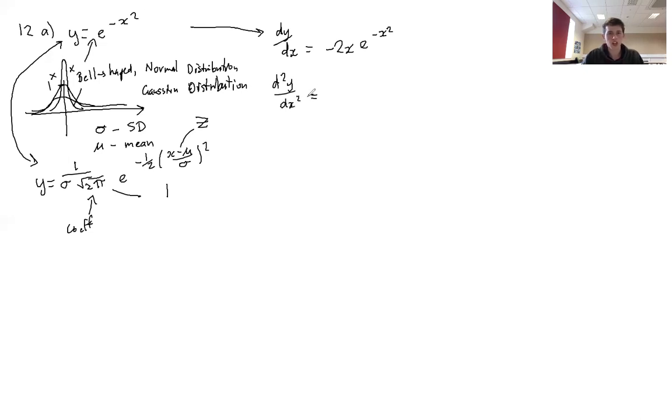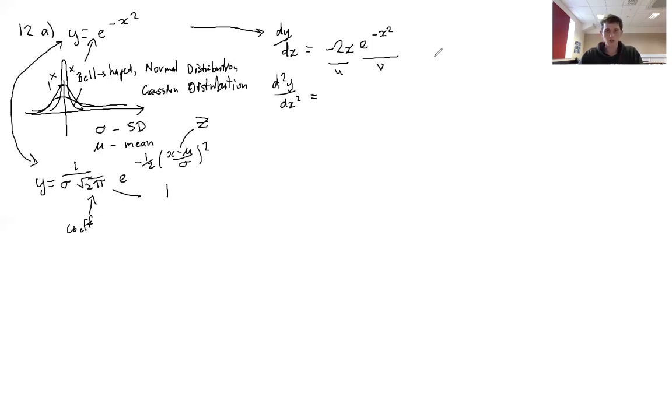And differentiating at this stage proves a little bit more difficult because you'll see that we have -2x times e to the -x squared. So what we have is a product of two terms which depend on x. Okay, we have -2x and e to the -x squared. So in order to differentiate this again, we can call this term u and this term v, and we need to use the product rule.